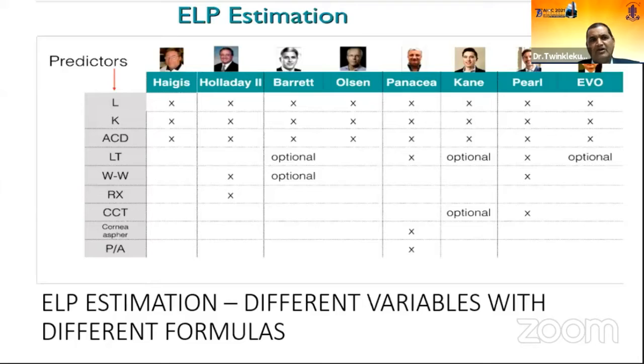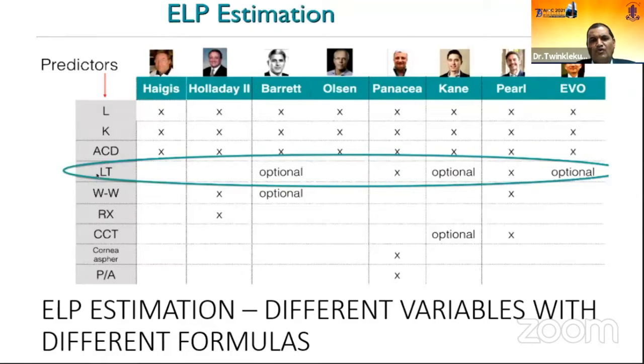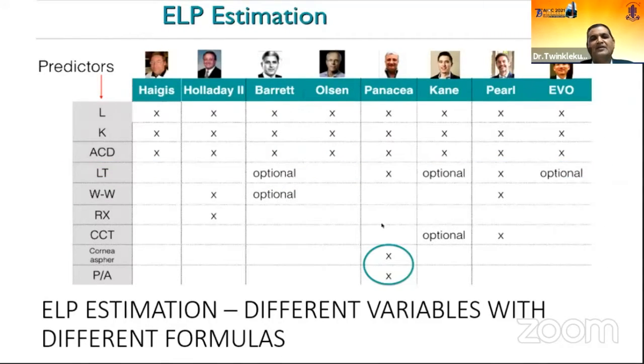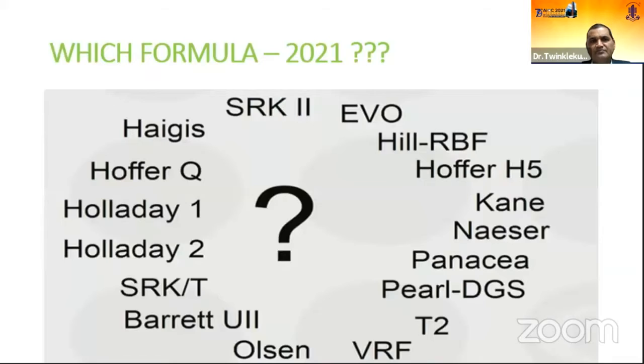Many other formulas are coming up, and they are all using more and more predictors. The majority use axial length, keratometry, and anterior chamber depth, but all the newer formulas increasingly consider lens thickness. Further, people are now also considering corneal sphericity and the corneal posterior-anterior ratio.